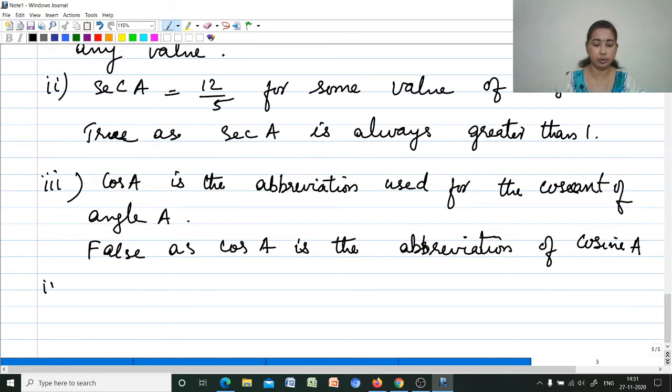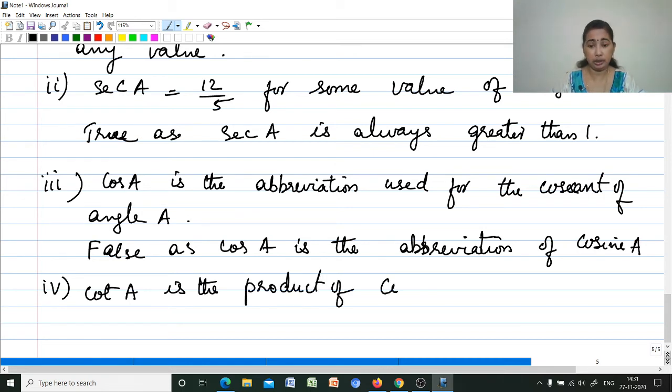Then fourth one, cot A is the product of cot and A. It is not the product of cot and A. It cannot be separated. A is an angle. So, how can we write that?